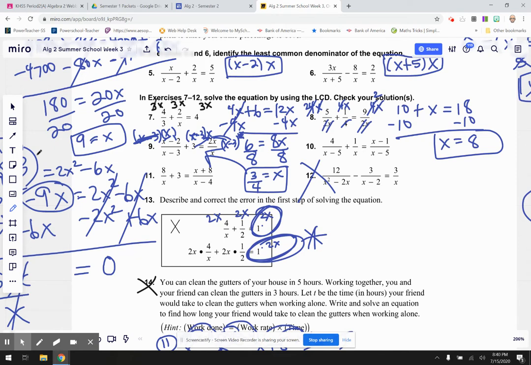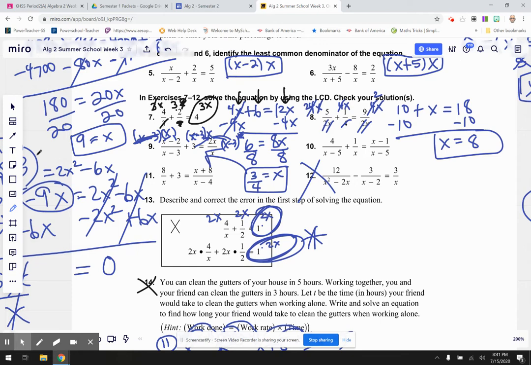So here the 3's would cancel, and all you would have is 4 times x, so that's the 4x right there. And then the second fraction, you get rid of the x's, but you still have 3 times 2, therefore you get the 6 right there. And then the last one, you multiply those two together and you get the 12x.